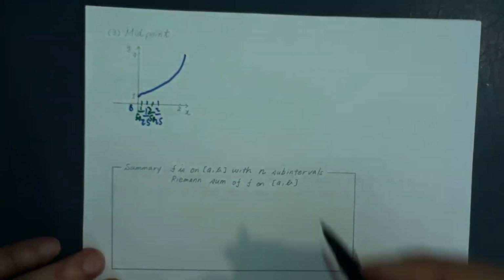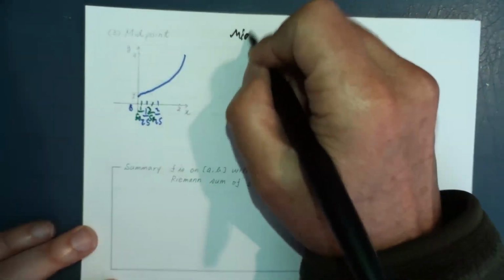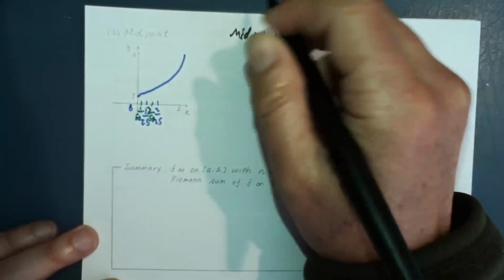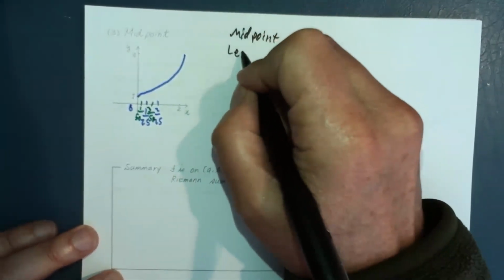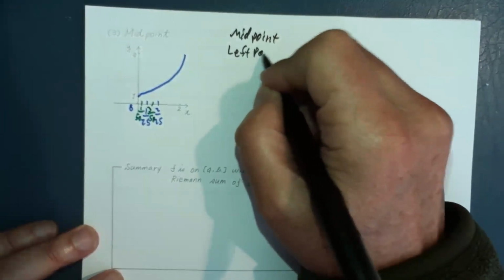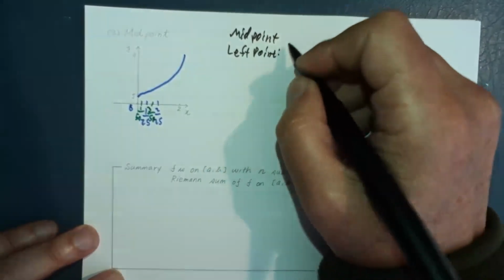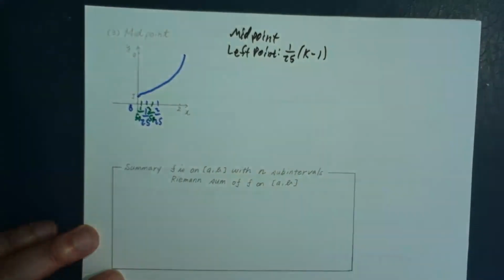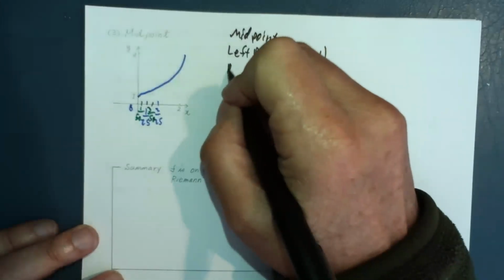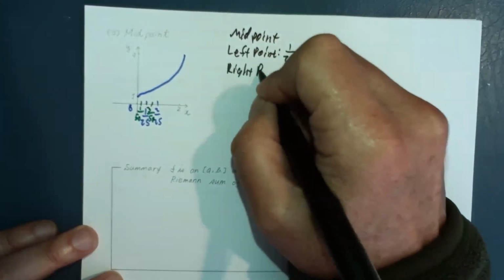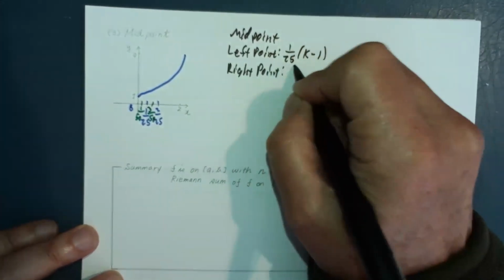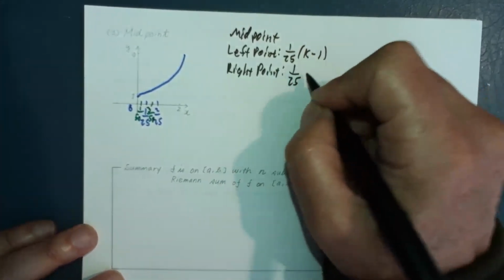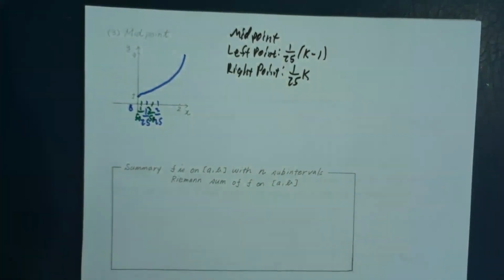So to find that midpoint, I'm going to take the left point, which was 1 over 25 times k minus 1, and the right point, which was 1 over 25 times k, and we're going to find the average.